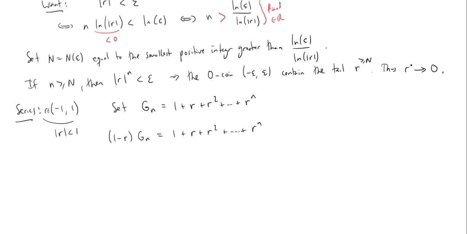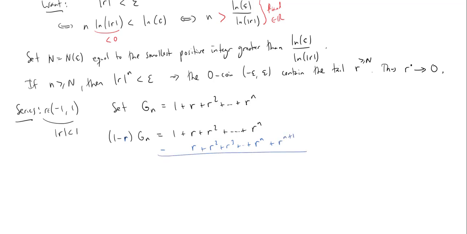However, there's now a minus r. And r times g sub n is going to be, well, let's see, we have a minus here. r times 1 is r, r times r is r squared, r times r squared would be r cubed. That would be the next one, and you'd keep going. r times r to the n minus 1 is r to the n, and r times r to the n is r to the n plus 1.